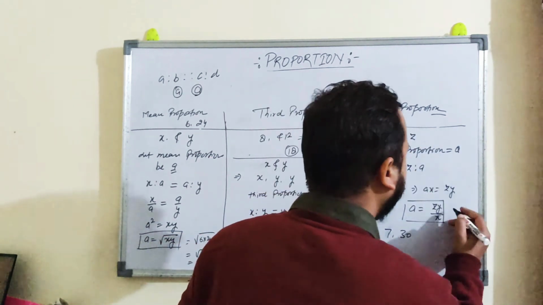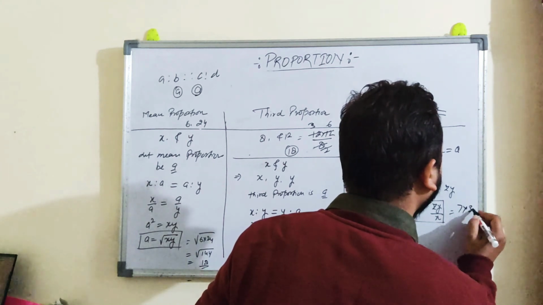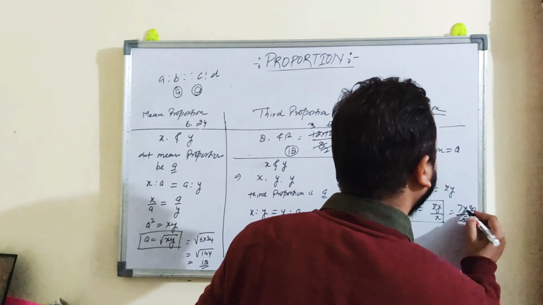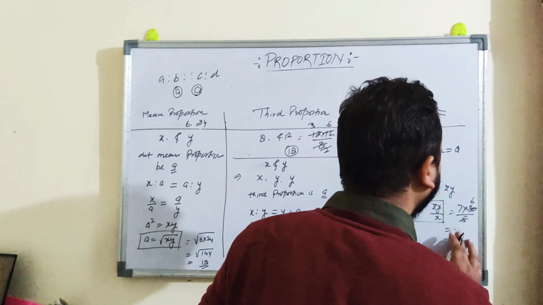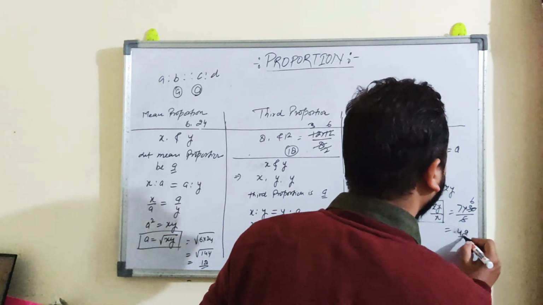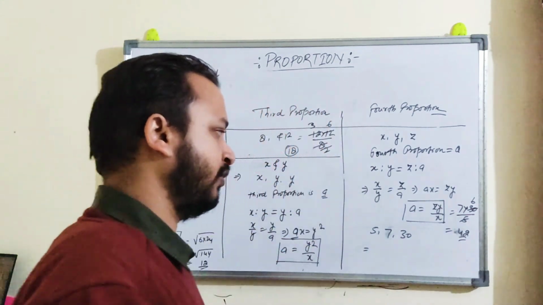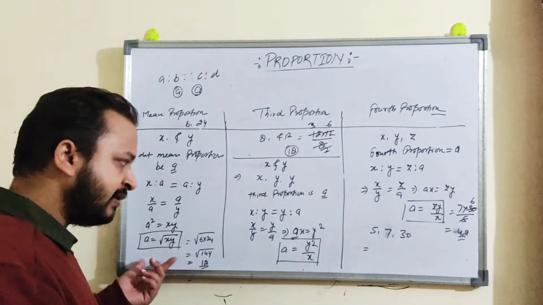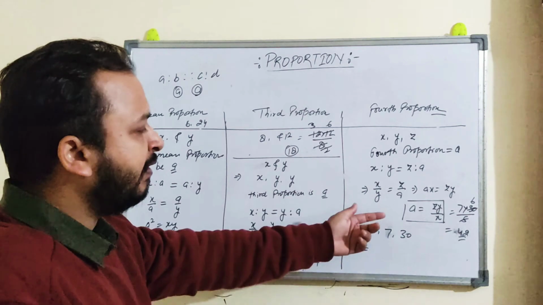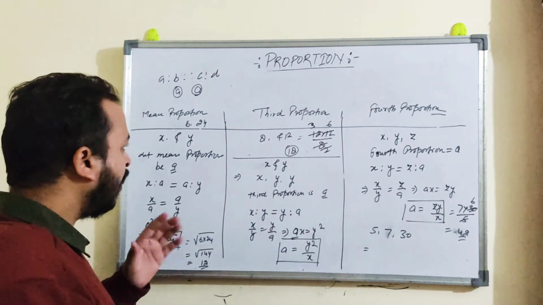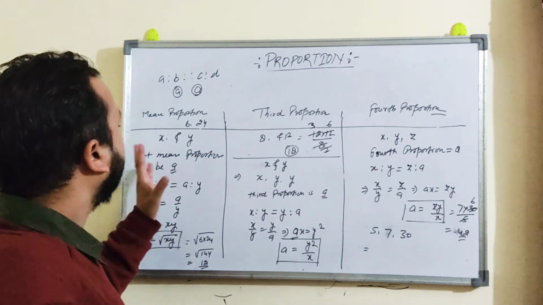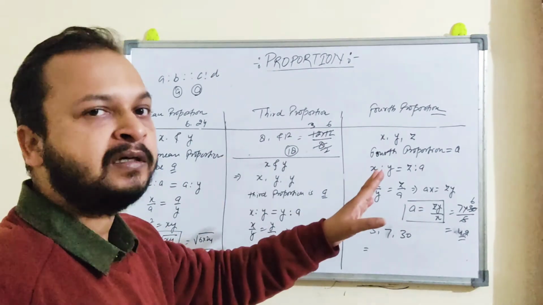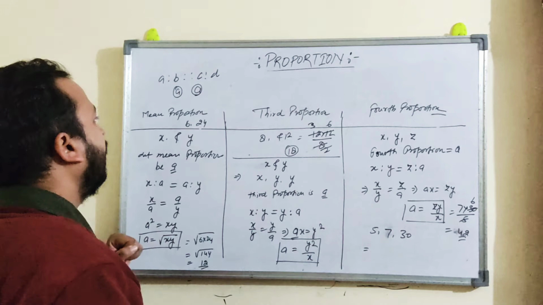So y into z, so 7 into 30 divided by 5. 5 sixes are 30, 6 sevens are 42. So 42 is the fourth proportion. So these are the formulas actually, right? You can directly use the formula, or this is the basic method to find the mean proportion, third proportion and fourth proportion, right?